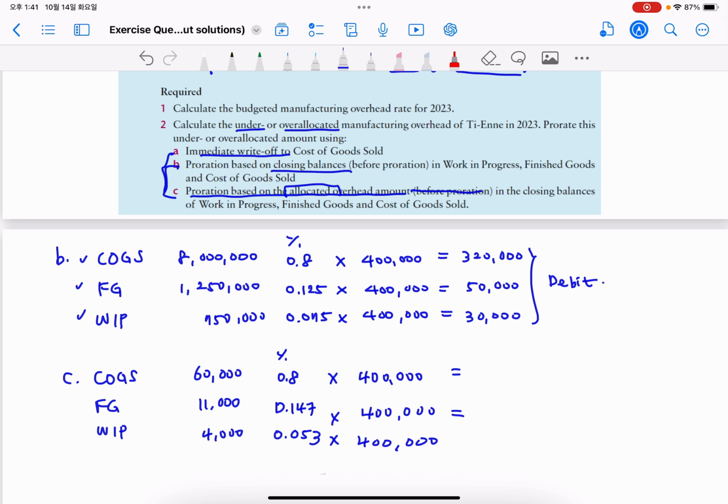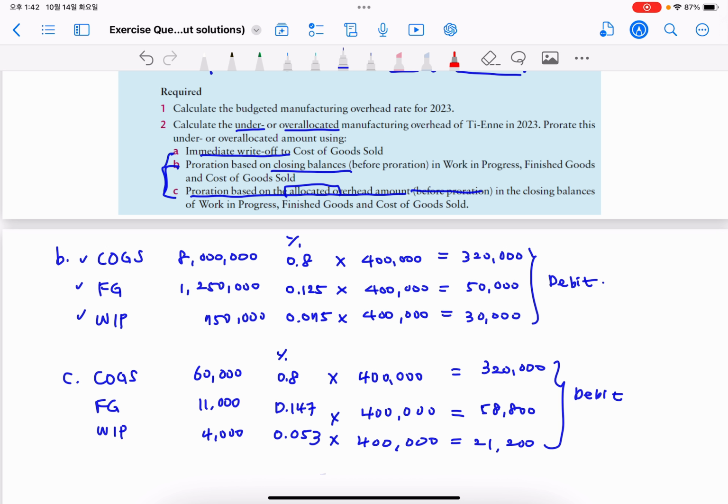And then you will come up with the numbers of 320,000, 58,800, and lastly 21,200, right? Again, we need to debit by these amounts. So, everything clear?